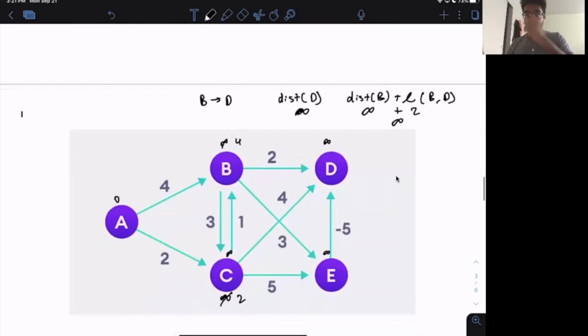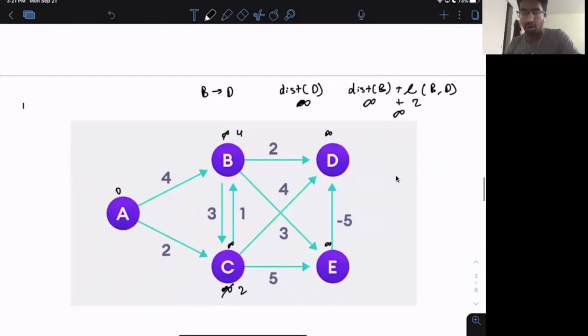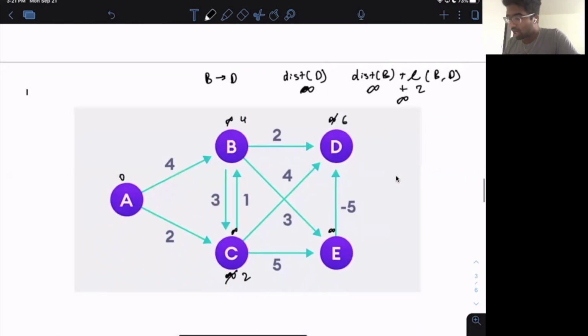But the moment we go into 2 edges, we're going to explore all of these edges once more. B to D is now going to become 4 plus 2, which is 6, et cetera. We've already covered A to B and A to C, but we explore those again. They don't really help us out.